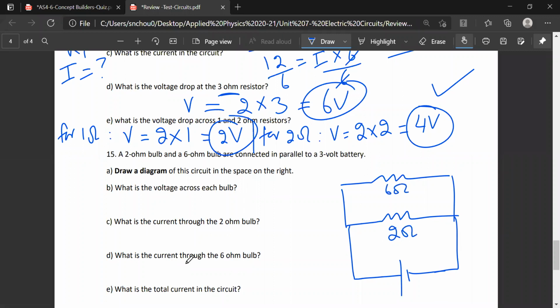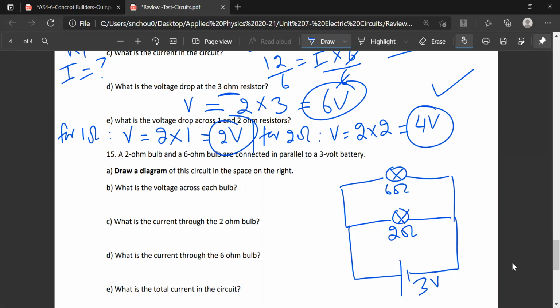Oh, these are bulbs. So instead of a resistor, you can just do that. It works for a resistor as well. In the previous one, I didn't notice whether it was a resistor or a bulb, so let's just make sure. Yeah, it was a resistor in the previous one. Anyways, the battery voltage is 3.